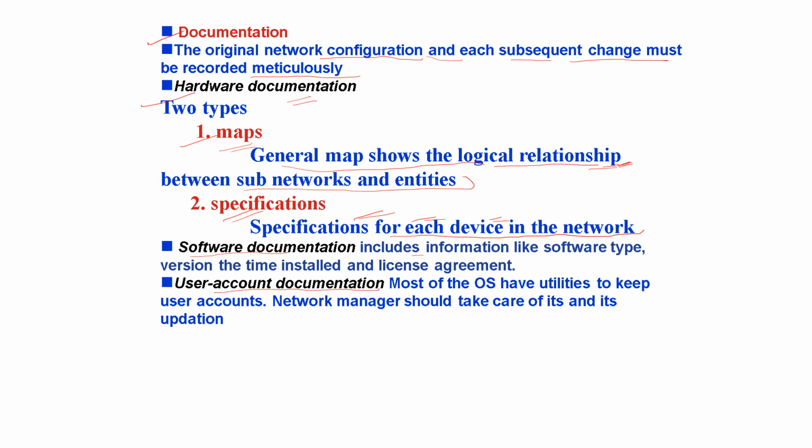Then software documentation includes information like the software type and its version, the time of installation, and the license agreement. All these must be documented. User account documentation means most operating systems have utilities to keep user accounts. Though it is available as a part of the operating system, the network manager should take care of it, and he should take care of the updating of all this user account management.